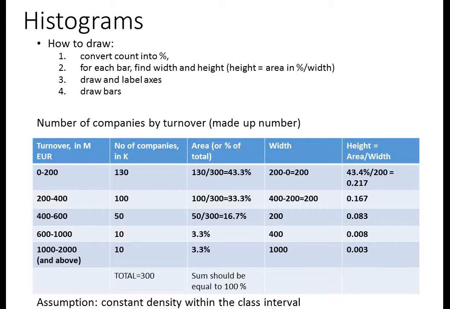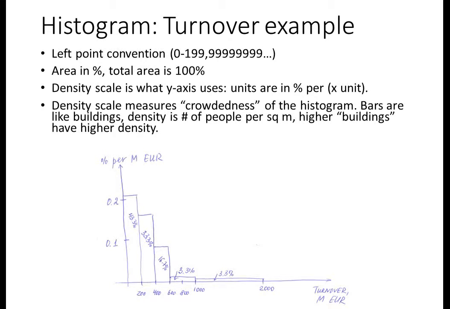So let me move on to the following slide in order to show you how to do these steps. Step 3 was about drawing axes. The unit for the vertical axis is percentage per million euros, and this axis shows density.